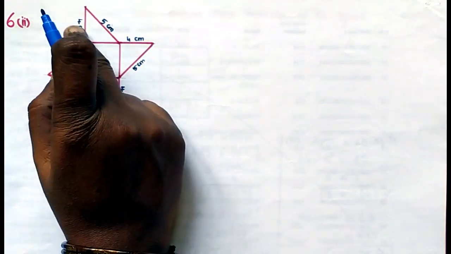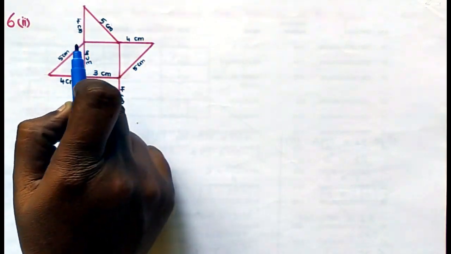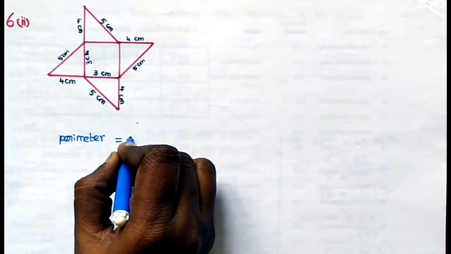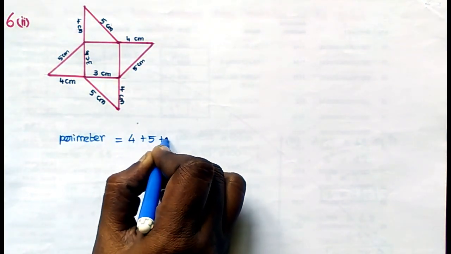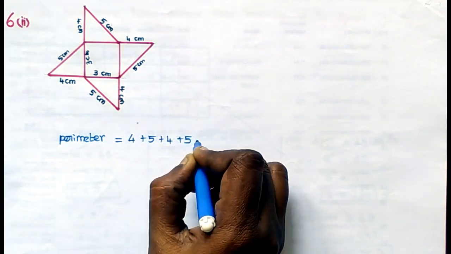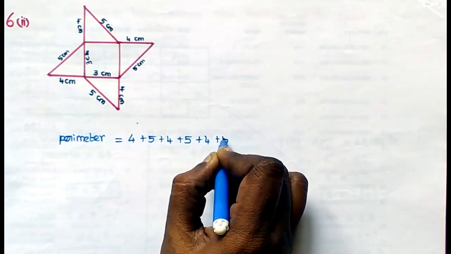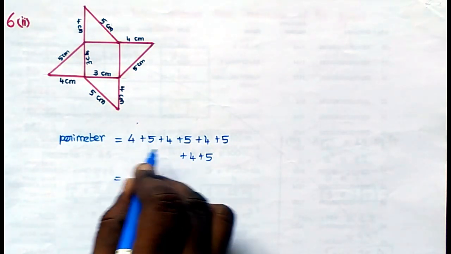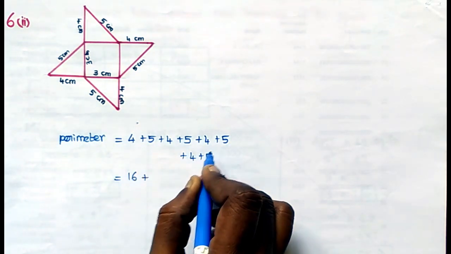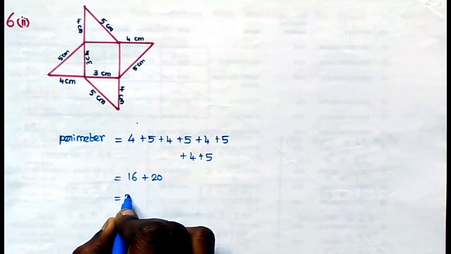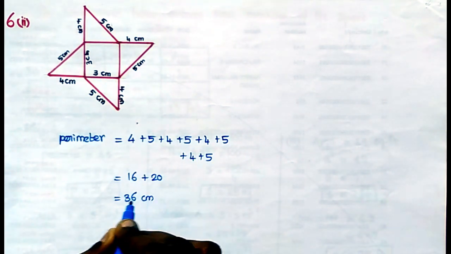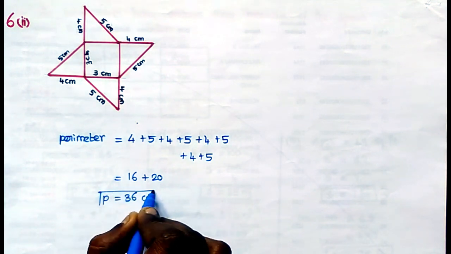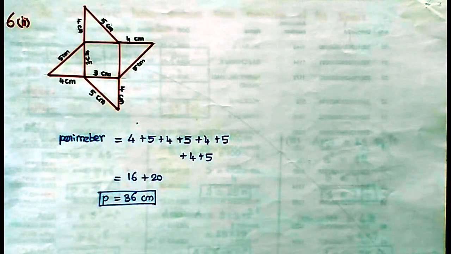From this side 4, 5, 4, 5, 4, 5, 4, 5. 4 plus 5 plus 4 plus 5 plus 4 plus 5 plus 4 plus 5. 4 4s are 16 plus 5 4s are 20. So totally 36 centimeter, that is the perimeter.